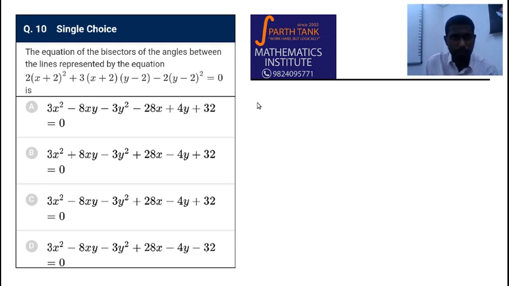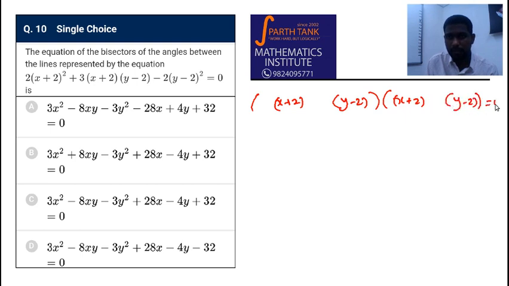Okay. The two lines, how can we do that? See, it's the same term, so let us factorize them accordingly. The whole thing can be factorized as x plus 2 and y minus 2, and you have to find some factors of x plus 2 and y minus 2. That is 2 and 2, and this is plus 3, so it has to be 2 times this and 2 times this, minus 1 times this and plus 2 times this, right?